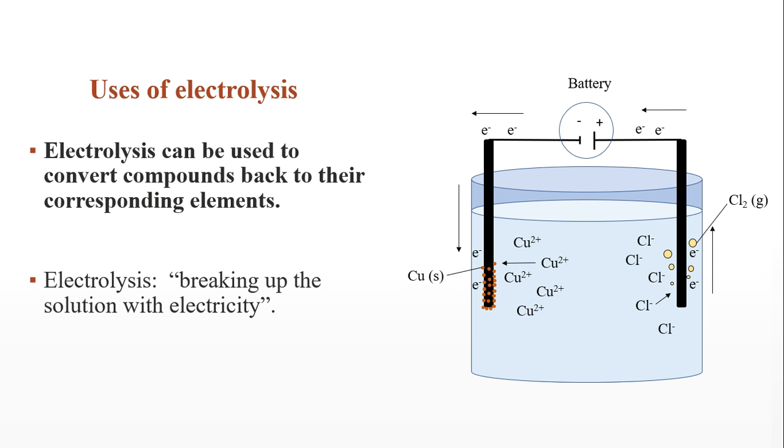And that's pretty much what electrolyzers mean. Electro stands for electrons and lysis stands for breaking up. So it's something that we're breaking up with electricity, and in this case then we're breaking up the solution with electricity.